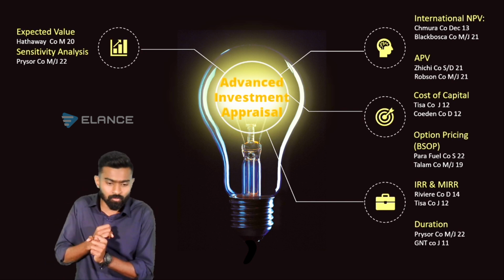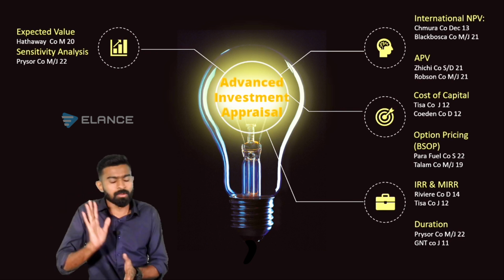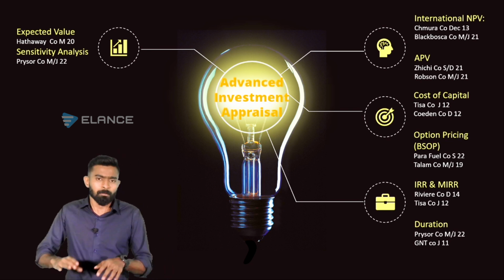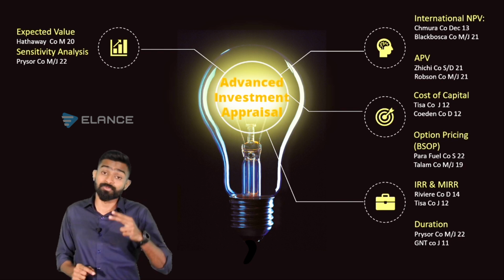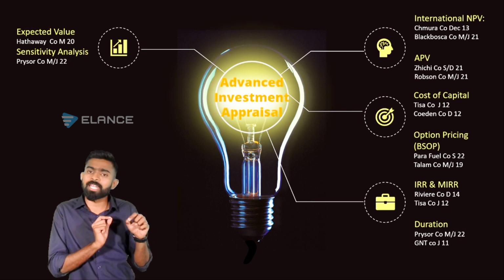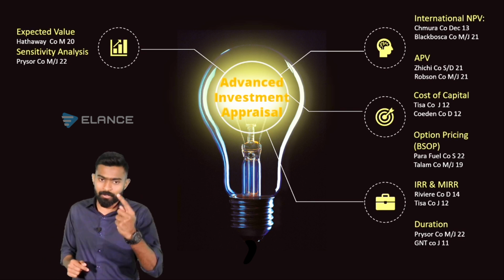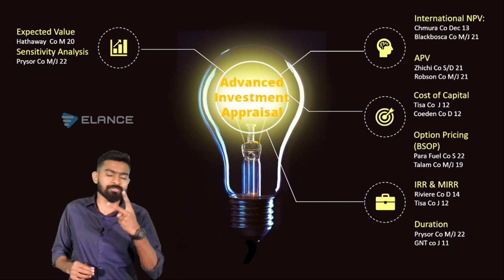One is Hathaway, which is available in our exam kit, and another one is Prisor Company, which is available on the ACCA CB platform. But make sure you practice at least one or two questions from our base paper FM. Before solving Hathaway and Prisor, please do solve one expected value question and one sensitivity question from FM.